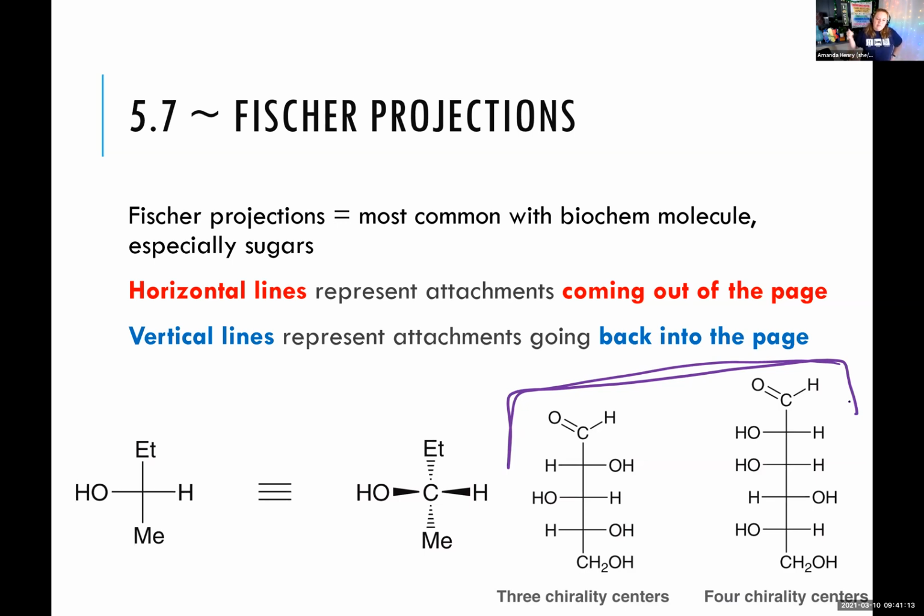And we normally draw them for biochemistry molecules. So both of the structures in that bottom right-hand corner are sugar molecules. They're carbohydrates. The reason we do this specifically for carbohydrates is because we can easily see whether those alcohol groups are on the left or the right-hand side of that chain, which allows us to compare two alcohols, because the difference between two sugar molecules is just whether one alcohol is on the left or on the right.